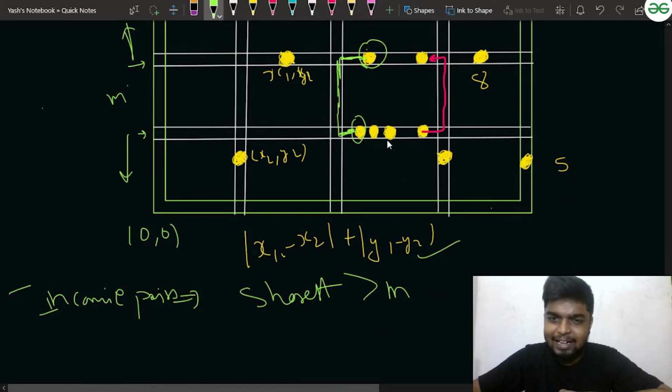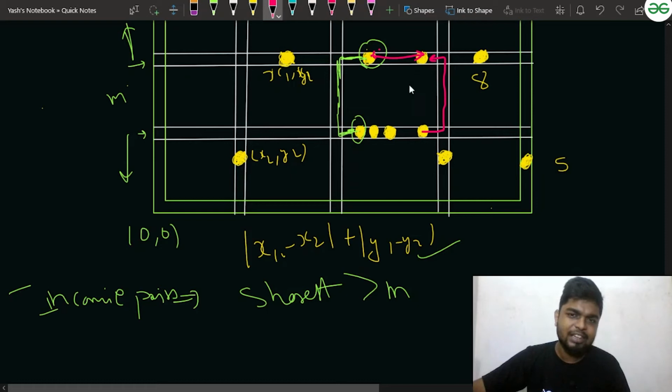So this is the Manhattan distance, and let's suppose for this person and this person, you move from left to right or right to left in any way. Is the shortest distance between them greater than the Manhattan distance? No, for this case it is not true, because both are lying in the same vertical street.